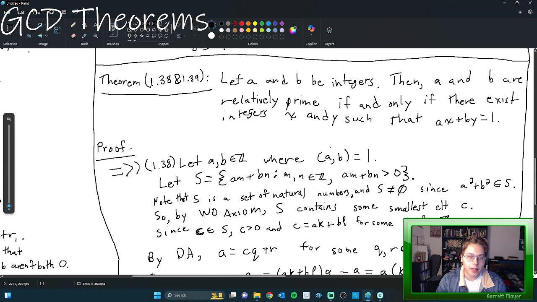We can actually extend this to refer to the GCD in general. So that means if A and B are just integers, then there are integers x and y so that ax plus by equals their GCD. So we've only proven the case for 1 so far.